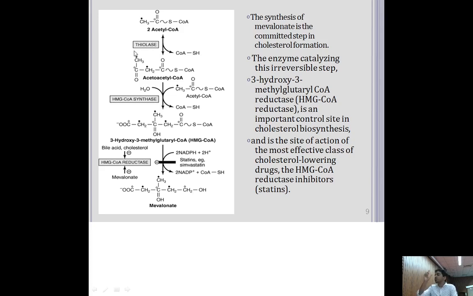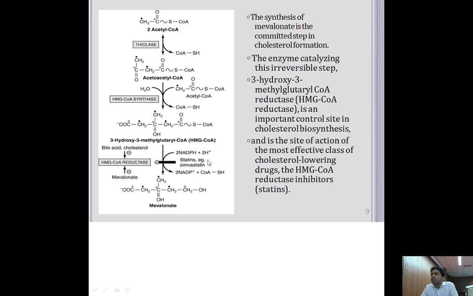I had told that the initial pathway is similar in ketone body and cholesterol synthesis. Now acetoacetyl coenzyme A forms in ketone body also, right? From acetoacetyl coenzyme A, HMG coenzyme A synthase, this enzyme was also there in ketone body synthesis if you go back and read. So it will form HMG coenzyme A. Then this HMG coenzyme A will form mevalonate with the help of the enzyme HMG coenzyme A reductase.